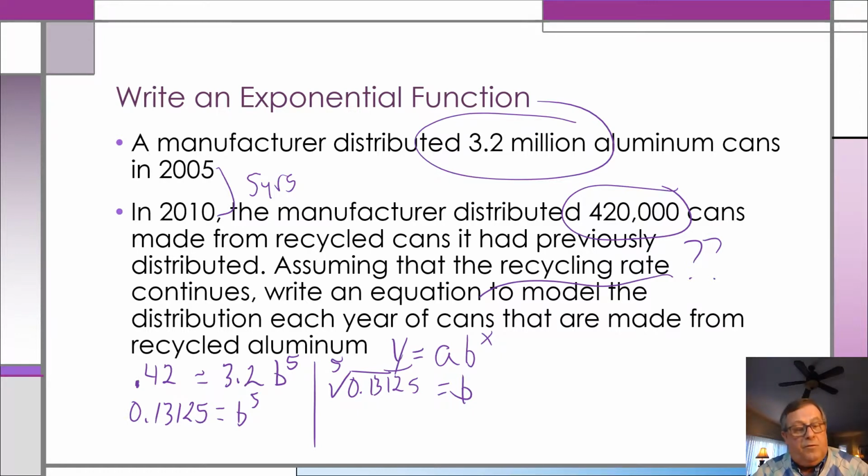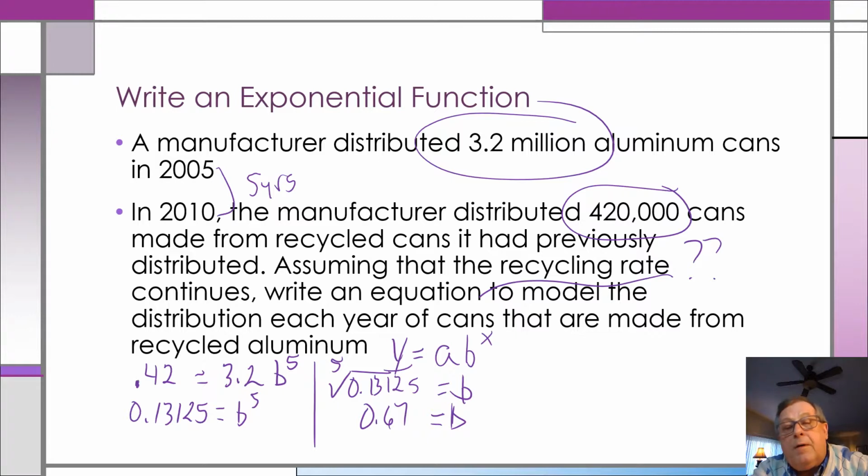Let's see, the fifth root of... I need to do math. Go to option 5. We have the fifth root of 0.13125. Enter, and that equals, and I'm going to round it to the nearest hundredth, 0.67 equals b.